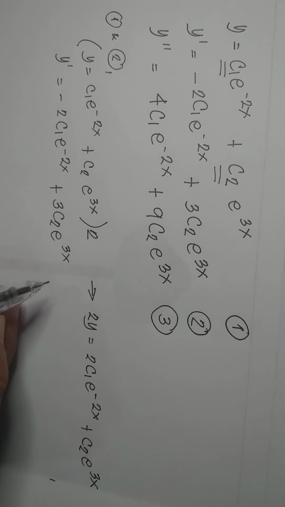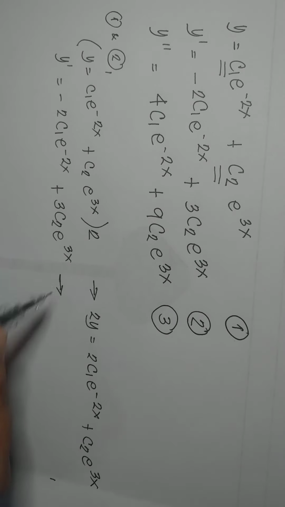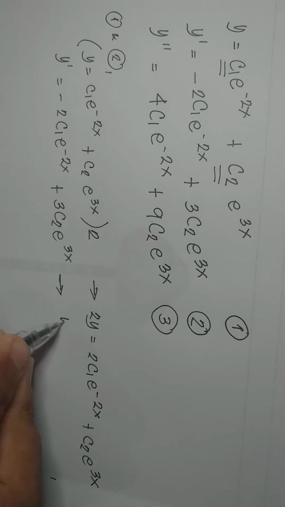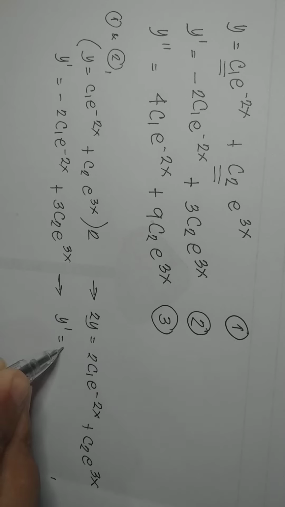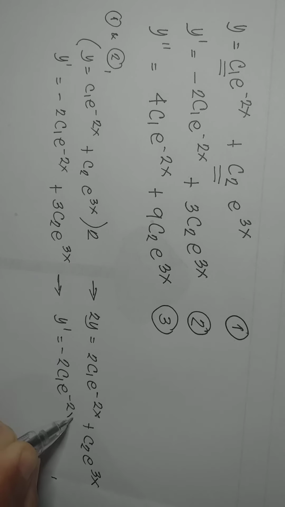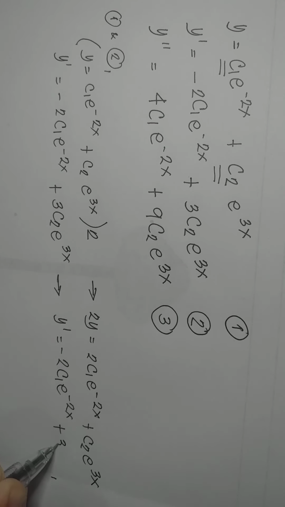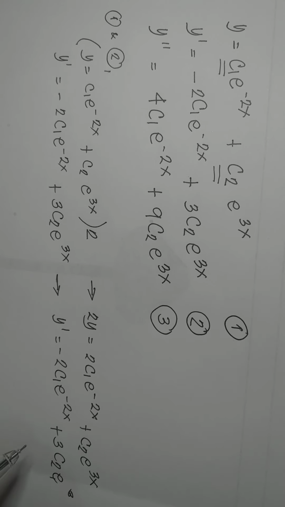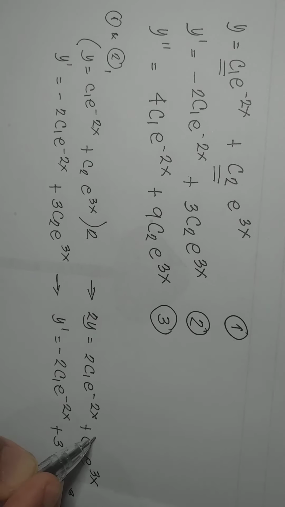And just copy equation number 2. So we have y prime equal to negative 2 c sub 1 e to the negative 2x plus 3 c sub 2 e to the 3x. Oh, I forgot, the c sub 2 term in the first equation should be multiplied by 2 also.